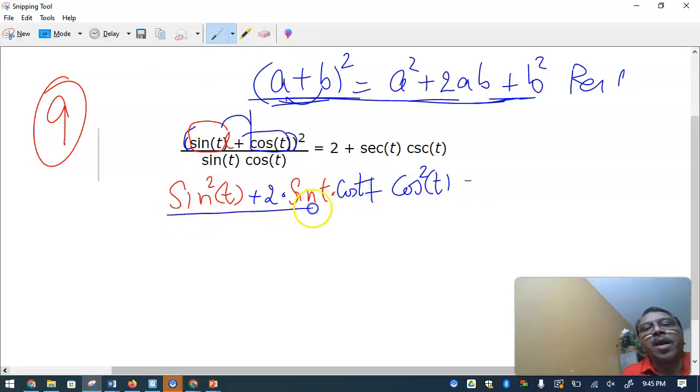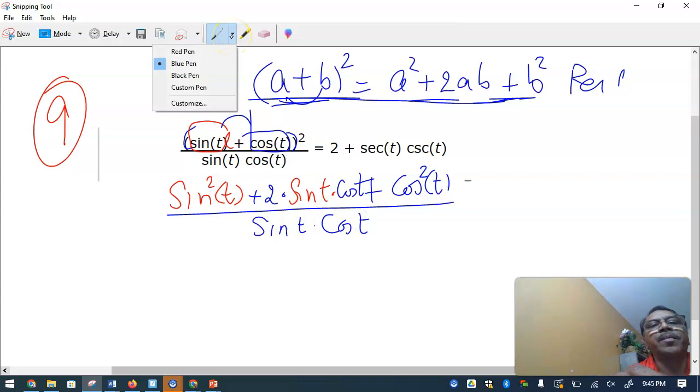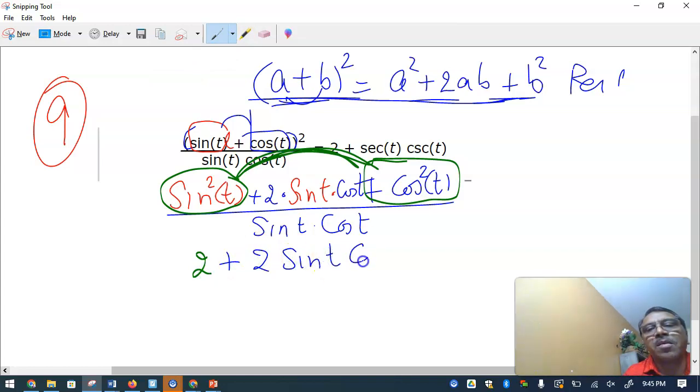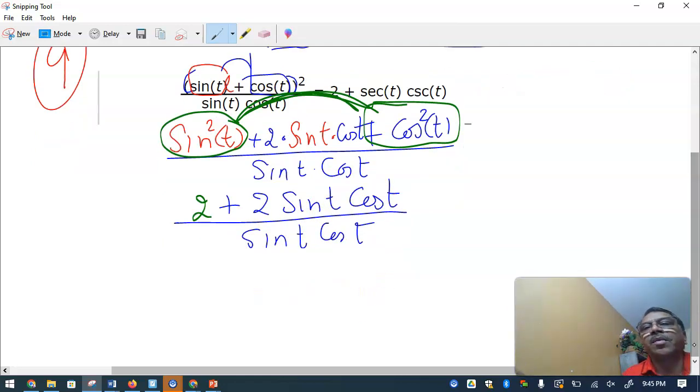Okay, so then divide by whatever that denominator is, that denominator stays the same. Okay, and then you can rearrange this sine square and this plus cosine square. They together give you 1, so I'm going to replace that by 1 plus 2 sine t cosine t, and now the denominator that you see, you can use the property a plus b over c is a over c plus b over c.